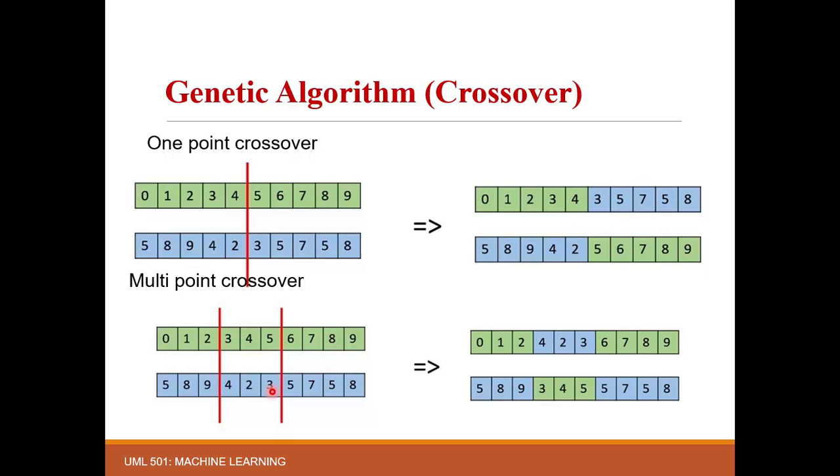The middle portion between the crossover sites gets interchanged. The part from parent 1 goes to the second child and from parent 2 goes to the first child. You can see by the color combination that the extreme portions remain as they are and only the middle part gets changed.